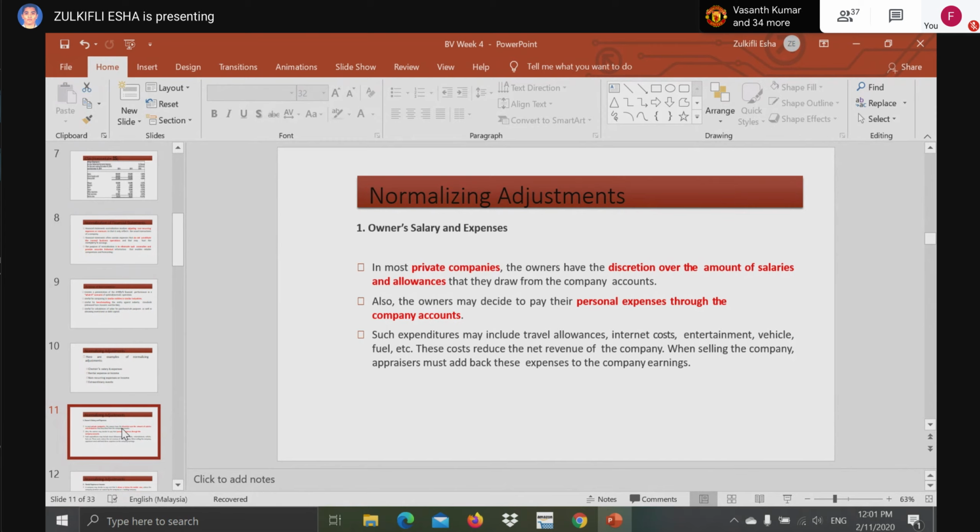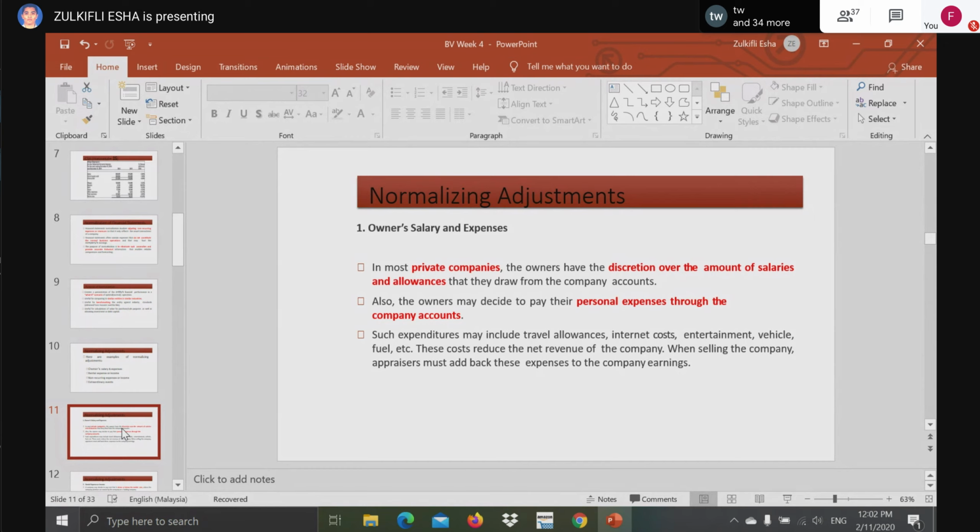The process is to ensure that the amount which is reported for your company is at par with other companies within the same industry. So let's say the amount of salary for an owner within the industry is 10,000 per month, but your company is currently paying 20,000 per month as your owner's salary.